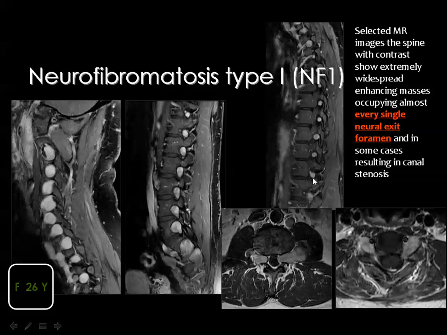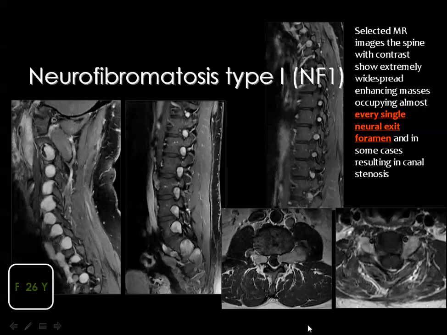All these enhancing lesions inside the neural foramina represent neurofibromas, and they are variable in size, being relatively bulky in the cervical spine as well as in the sacral area. They are relatively smaller in the dorsal region, as you can see.